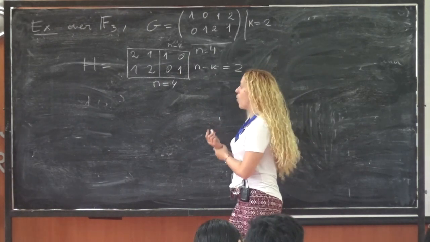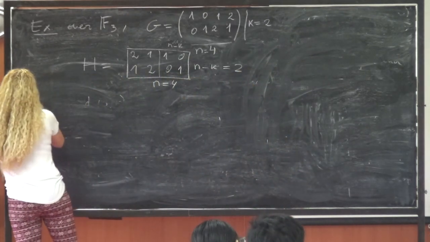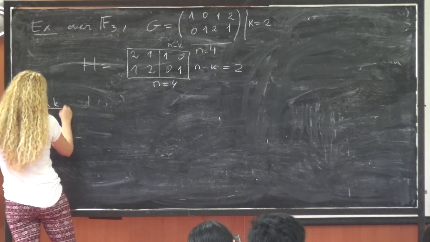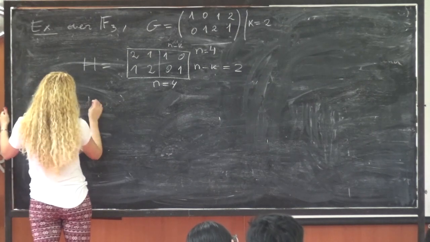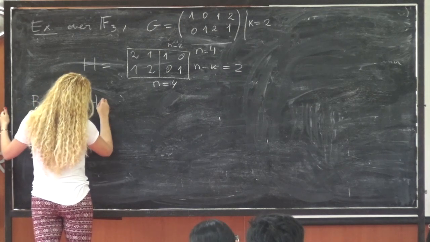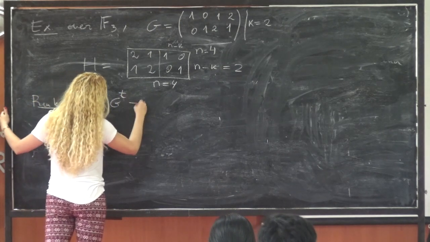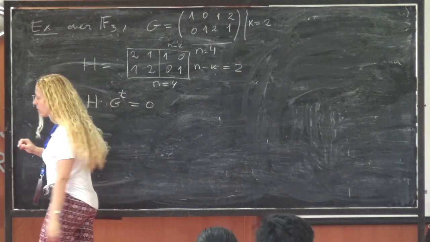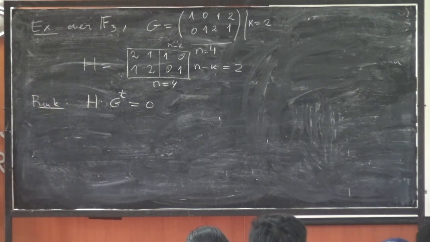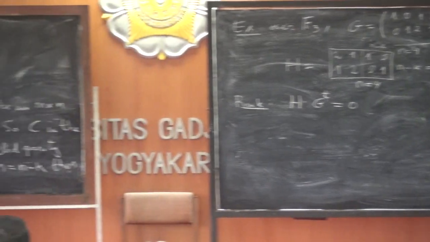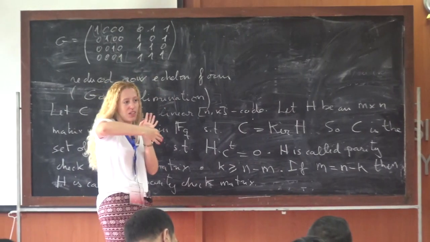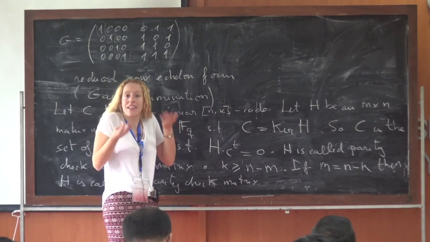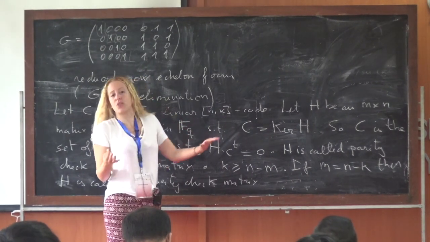So, if you want to formalize this a little bit, what you have is H times G transpose is equal to 0. Why? Because you have that H times any vector of the code is equal to 0. So in particular, H times the generator matrix, which is made up of vectors of the code, is equal to 0.